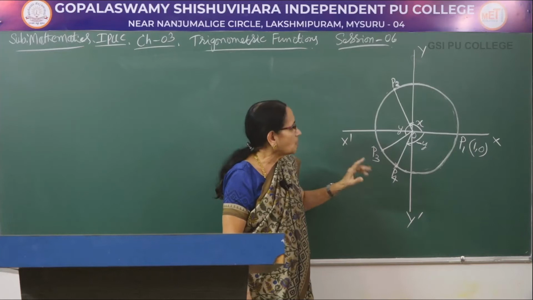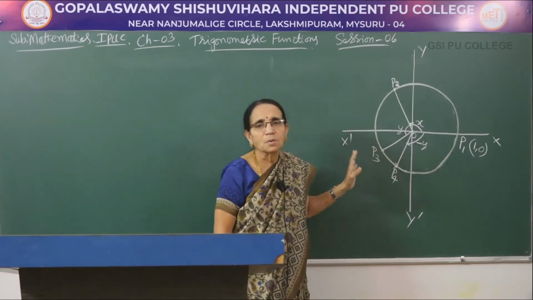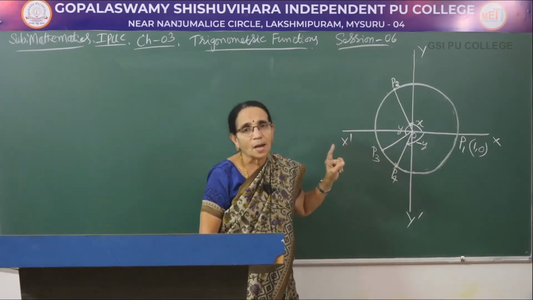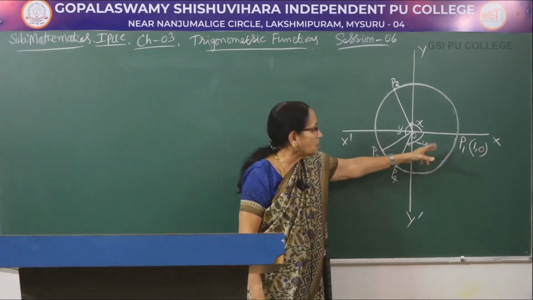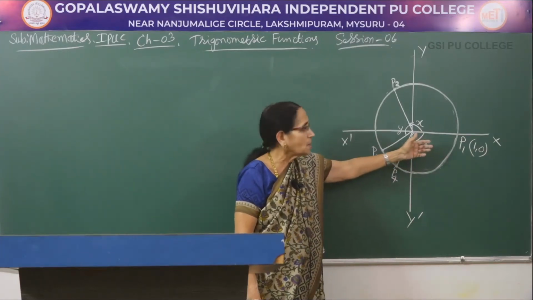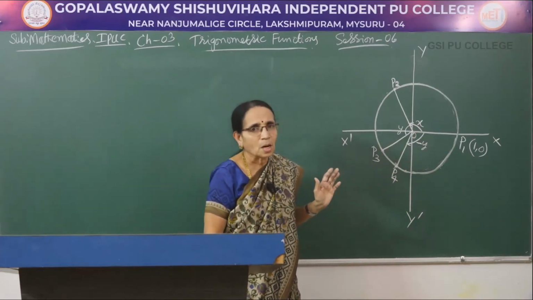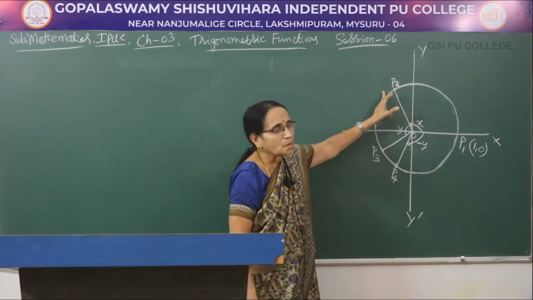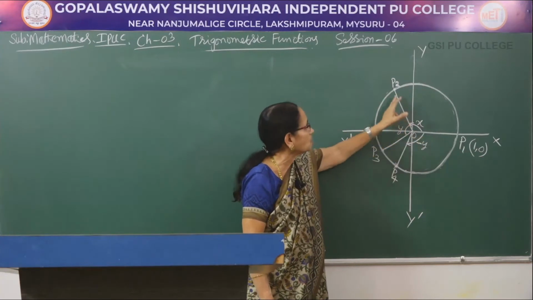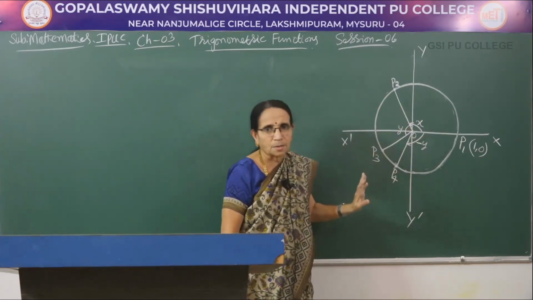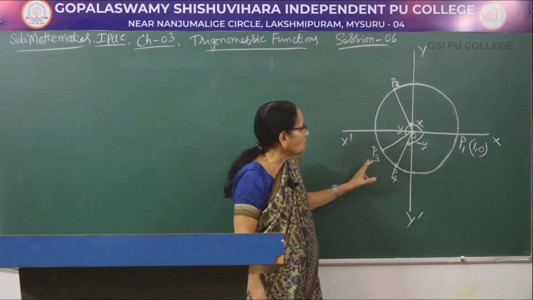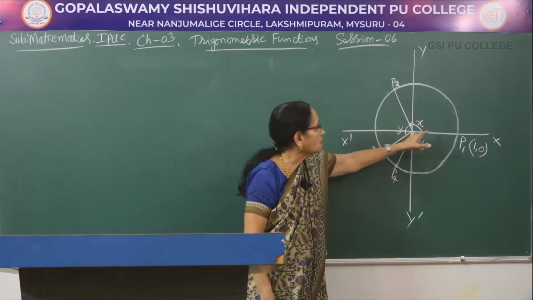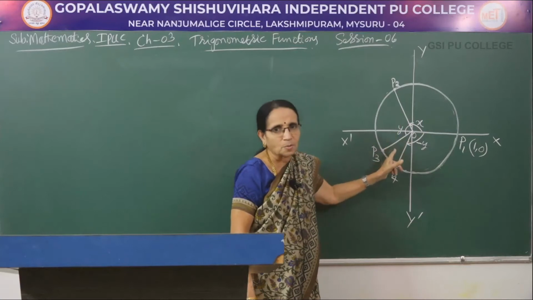So, see, first I have drawn a circle with the origin as center, 1 as radius. If you take a point P1 on the x-axis, the first point, it has the coordinates 1, 0. Take a second point P2 such that angle P1OP2 is equal to x. Take the third point P3 such that angle P2OP3 equals y, so that the total angle is x plus y.